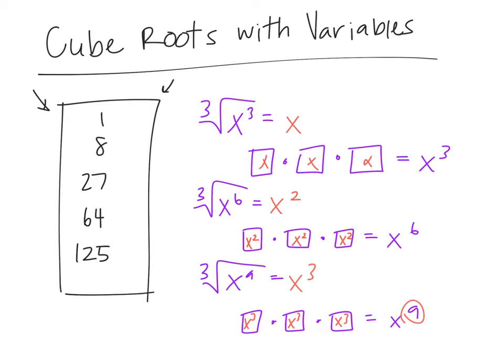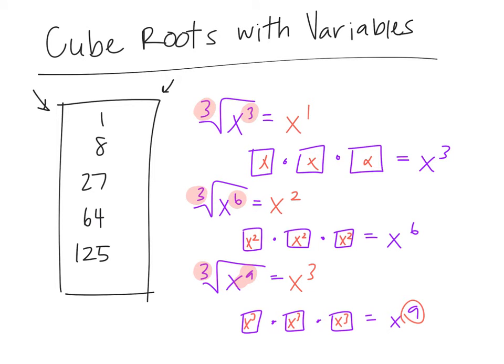So if we notice here, if I take 3 and divide that by 3, I'm going to end up with x to the 1st power. Okay, similar. I've got 6 divided by 3, which gives me 2. I have 9 divided by 3, and I end up with 3.